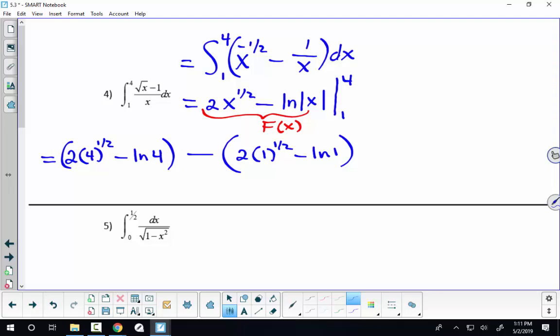Are there any questions on where we're at? All right, so let's go over here. We have 2 times the square root of 4, so 2 times 2 is 4, minus ln 4. And we have minus the quantity 2 minus ln 1. ln 1 is 0, so we have minus 2 there.